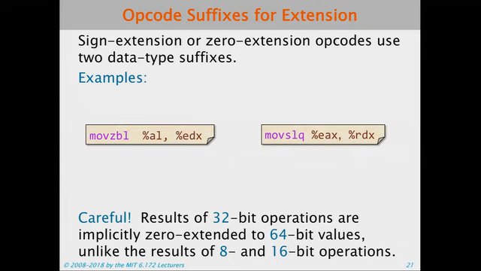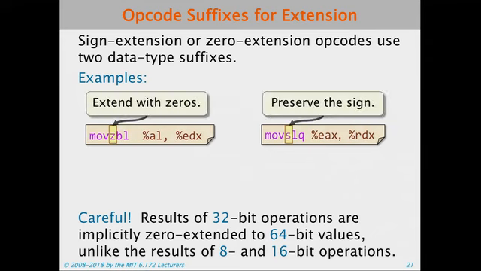Is that right? If I'm wrong, I've got to look at the chart too, okay? And of course, we don't hold you to that. But the Z there says extend with zeros, and the S says preserve the sign. Okay, so that's the idea.